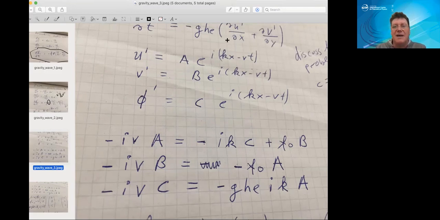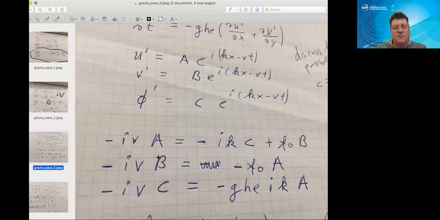So as you know, the time derivative always gives us, in this case, we have assumed that a wave just propagates in x direction. So there's a wave number k in x direction minus a frequency nu times the time. This is the argument of the wave. So whenever we calculate a time derivative, we get a minus i nu.